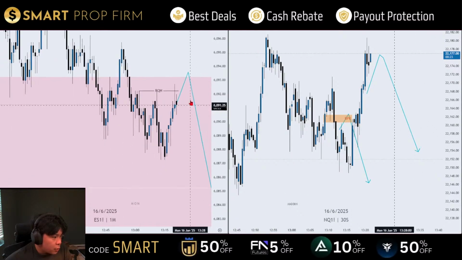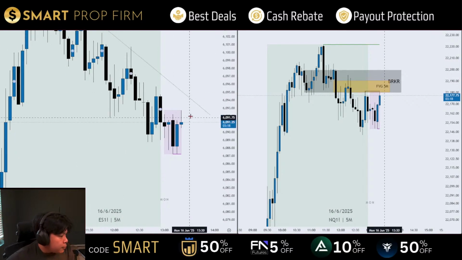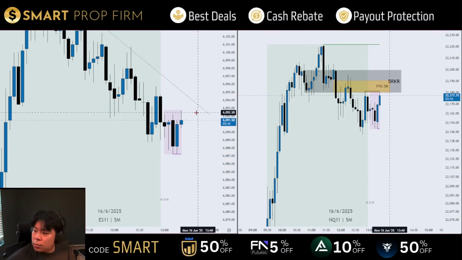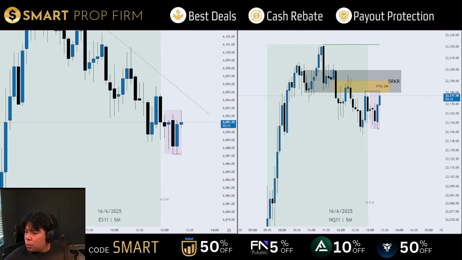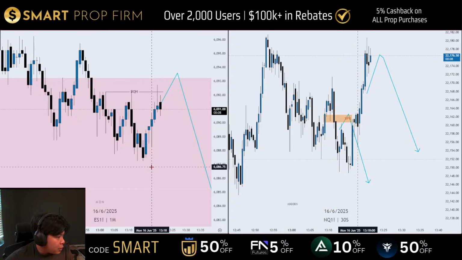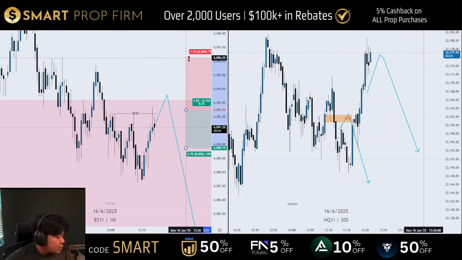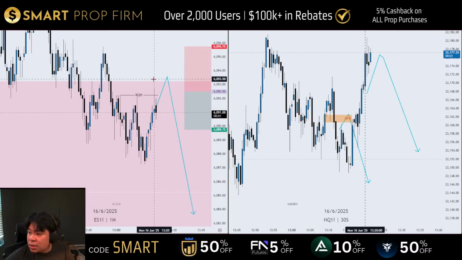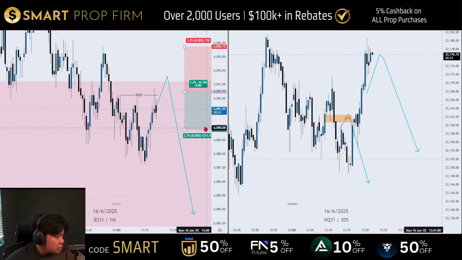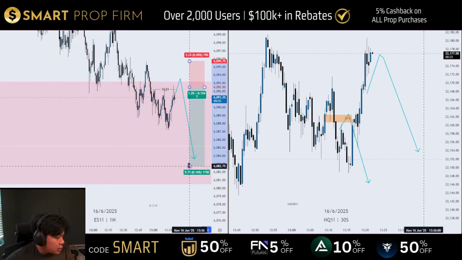It's holding right now. I want to get in. I want to build my position on ES though. This is kind of what I'm looking for. I want to see how far I can go.